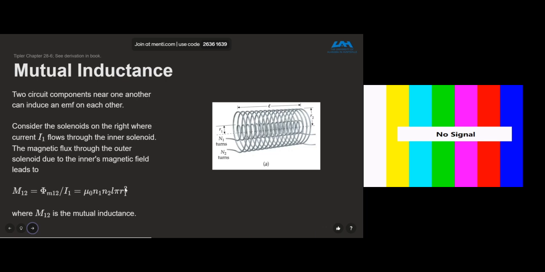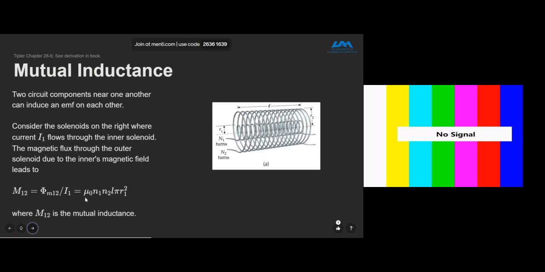And we also said that if we want to measure the change in magnetic field inside one inductor to figure out what the EMF in an alternative inductor would be, we can still go back through and say that the change in magnetic field comes from the change in current.